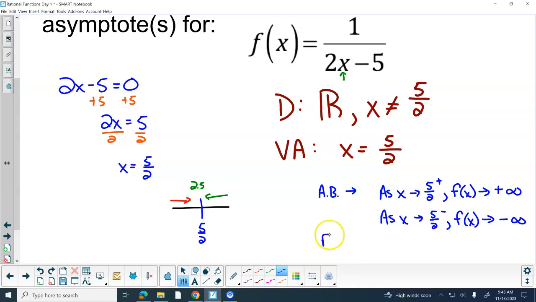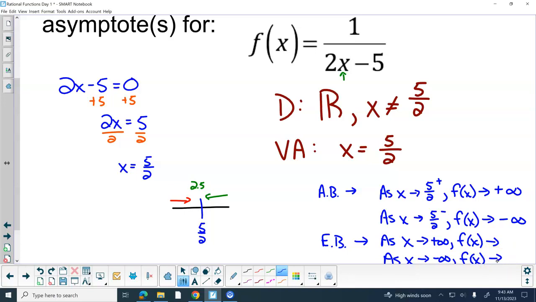End behavior now. As x goes to positive infinity, where's my function going? And as x goes to negative infinity, where's my function going? Okay? So now I'm going to put in a positive huge number.